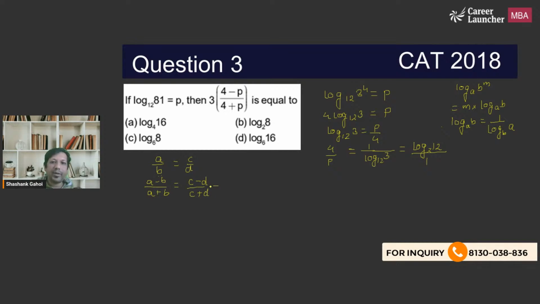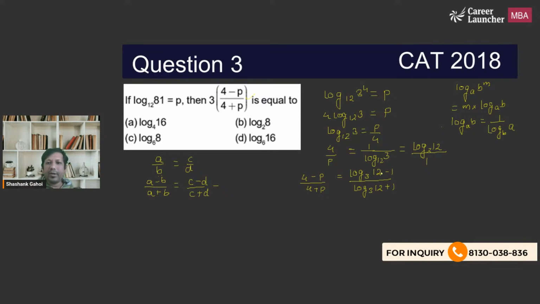So this is componendo and dividendo, and I'm going to do the same thing because it is talking about 4 minus p upon 4 plus p. So 4 minus p upon 4 plus p is equal to log base 3 12 minus 1 upon log base 3 12 plus 1.